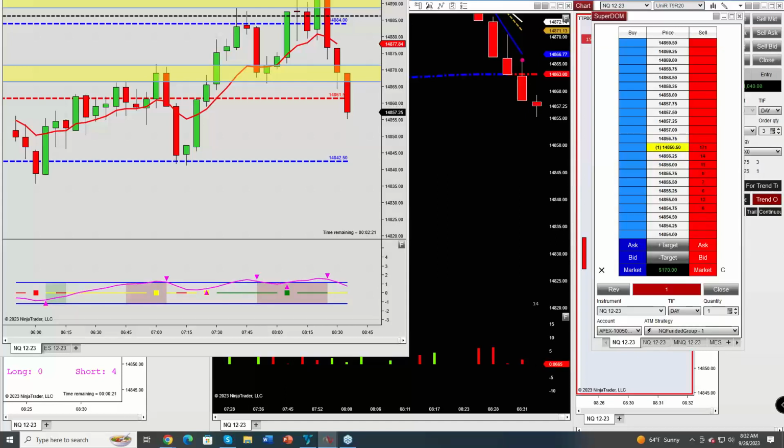If we break below 835, we're going to come to 18 if you guys are aggressive. Little bit of support on the 2-minute cloud right about where we stopped at 53.